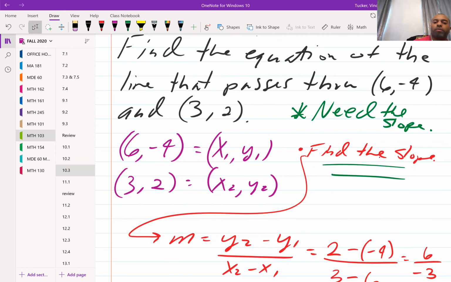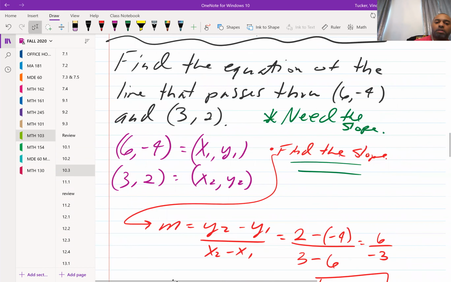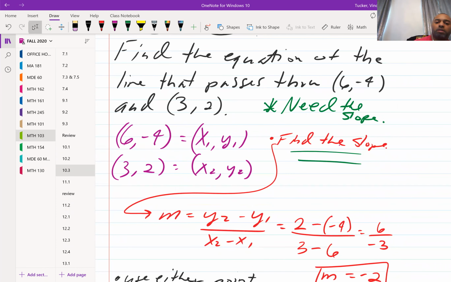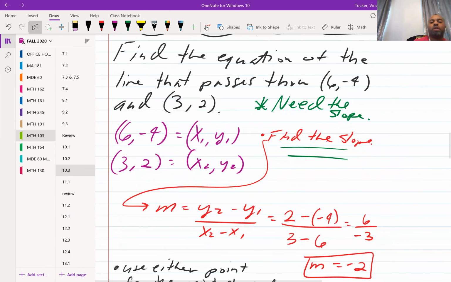So I call point 1 (6, negative 4). Call point 2 (3, 2). And then plug them in accordingly. Y2 is 2 and Y1 is negative 4, so it's 2 minus negative 4.